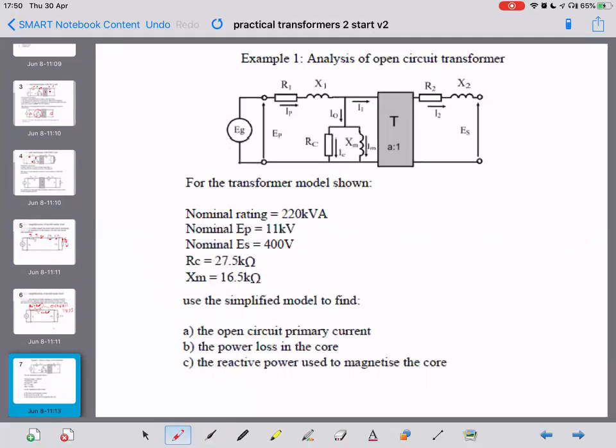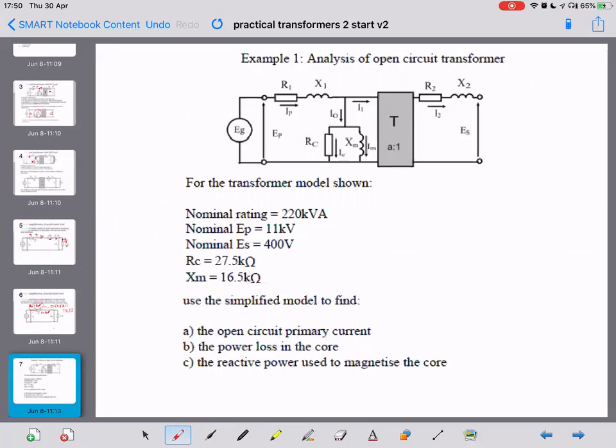Use the simplified model, so that means that you can do away with R1, X1, R2 and X2, and use the simplified model of the open circuit transformer to find the open circuit primary current, the power loss in the core, and the reactive power used to magnetize the core.